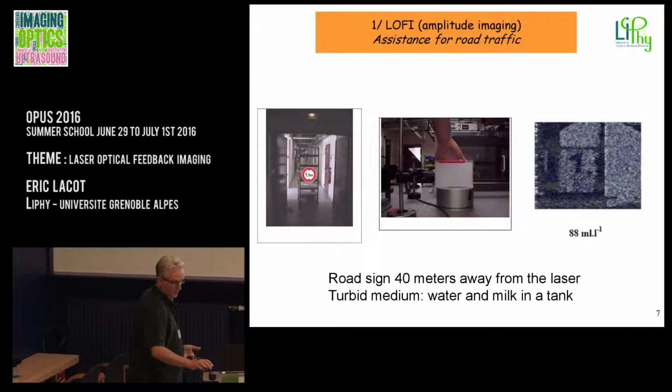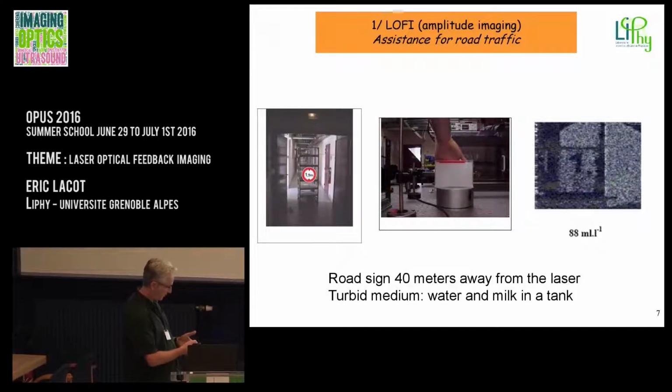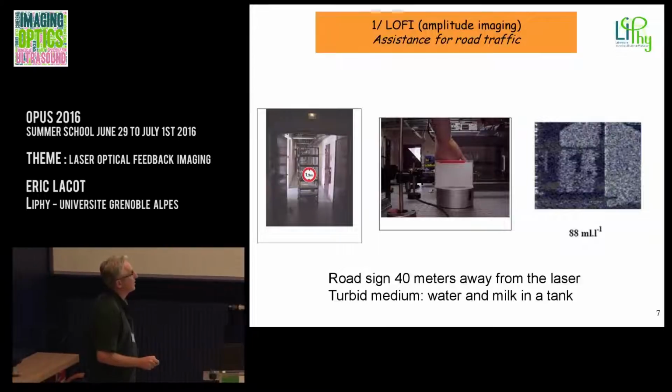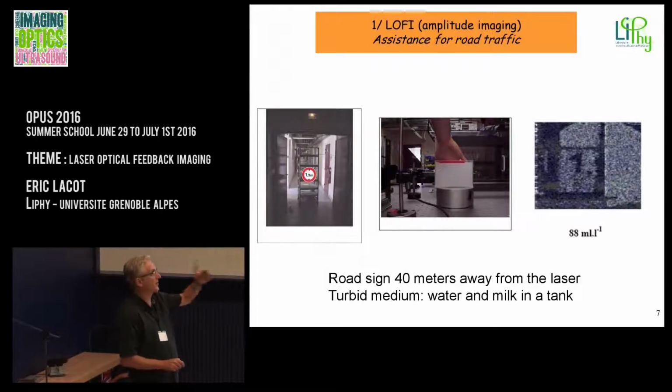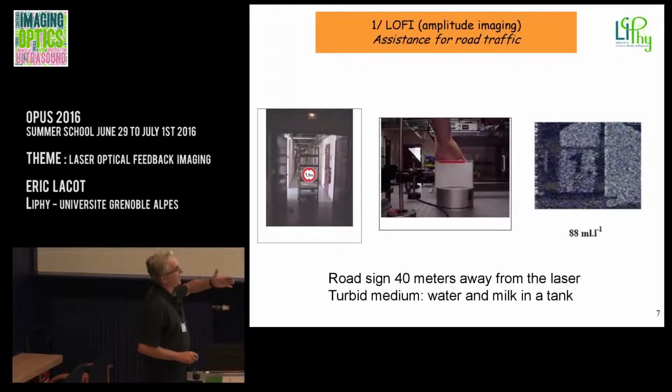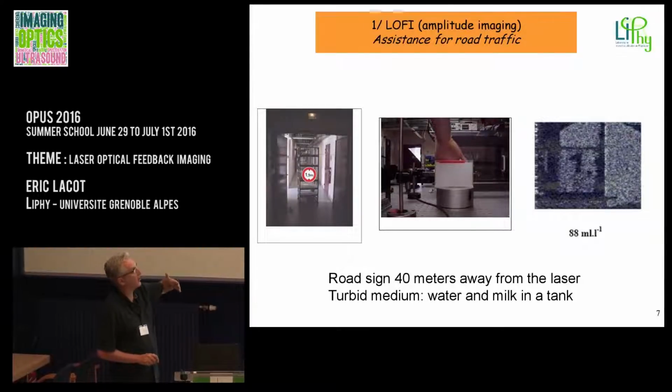And with our LOFI setup, you can see the result here. By detecting the small amount of photons coming back inside the laser cavity, we are able to see the number 1, which is written here on the left. It is impossible to see the number 9 due to the boundary of the glass tank surface. And as you can see, it is impossible to see the letter M because in the air, the amount of photons coming back inside the laser cavity is too important, and the laser is completely saturated.